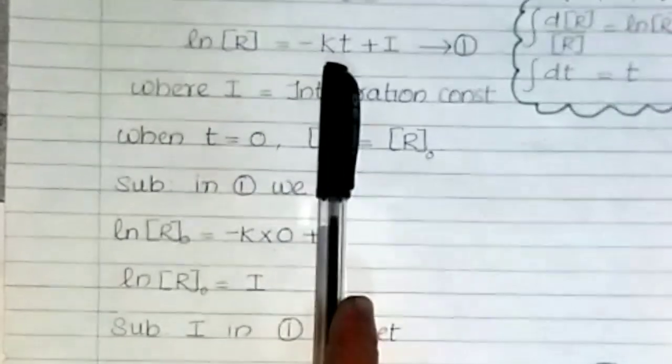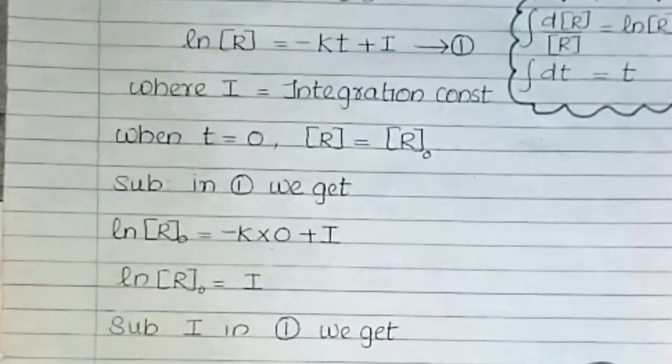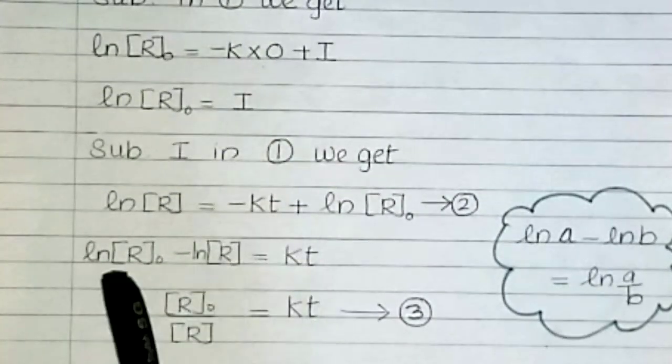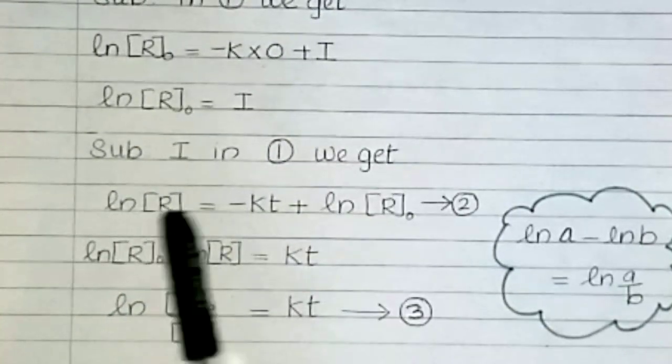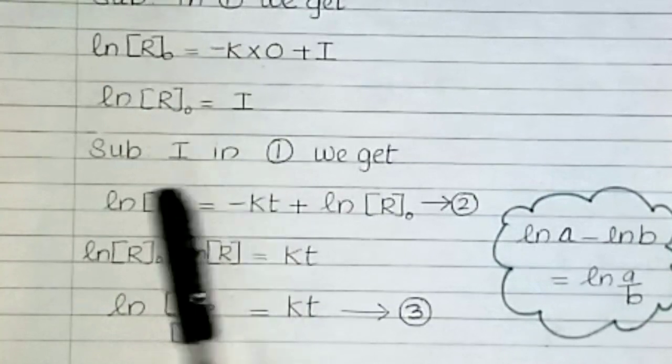We get ln[R] = -kt + ln[R]0, equation number 2. Then rearranging the equation, ln[R]0 - ln[R] = kt.